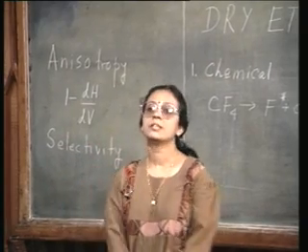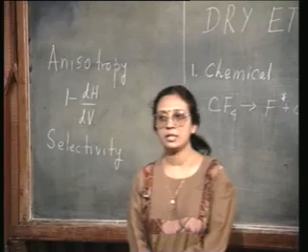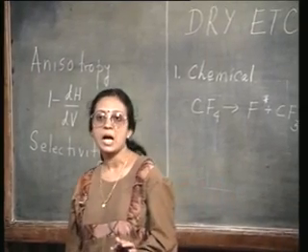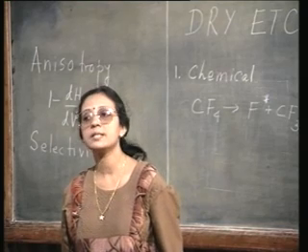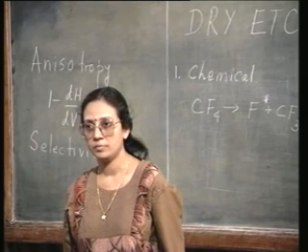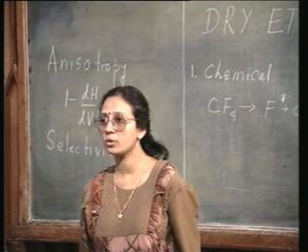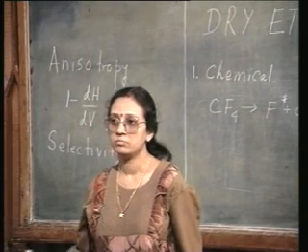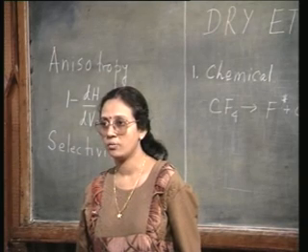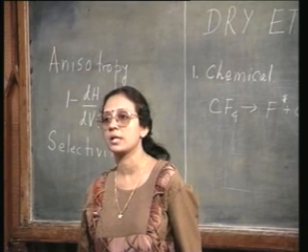And because this reaction is chemical, it is going to be isotropic in nature. All chemical etching is isotropic, right, because fluorine is not going to distinguish between the side wall silicon or the horizontal plane silicon. Wherever it finds silicon, it is going to react with that.